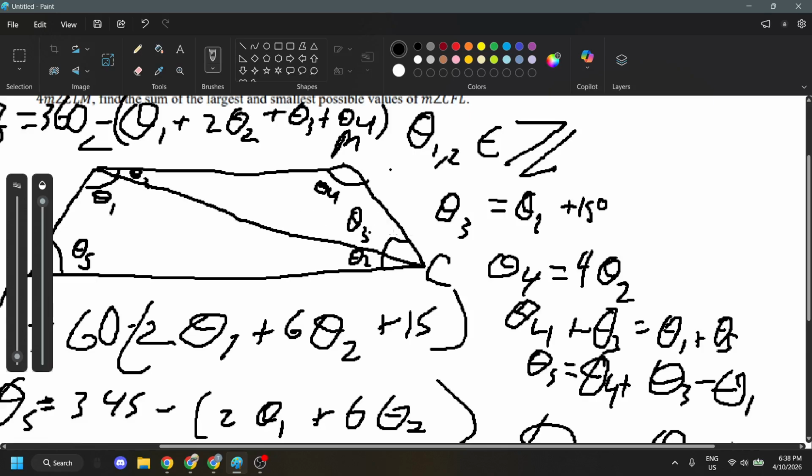Or theta 3. It also determines theta 2, 2 determines 5, which also determines 1. Huh.